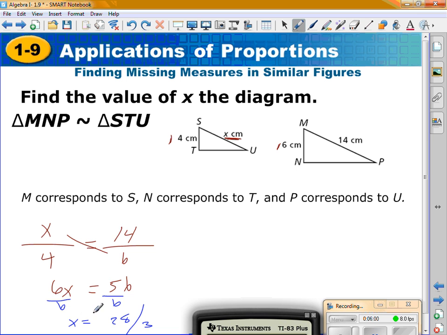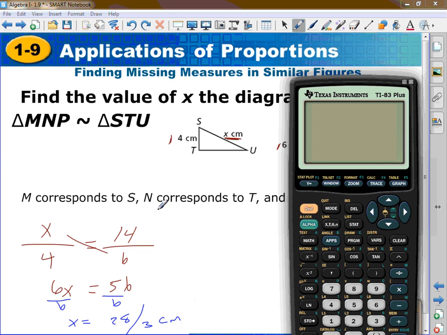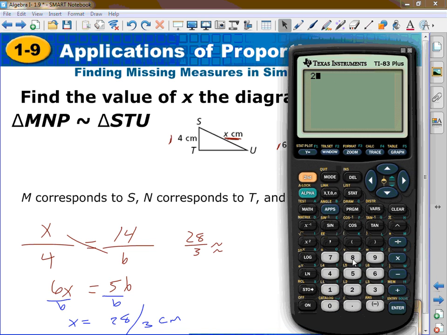So it's 28 thirds centimeters. Or if I want an approximation, 28 thirds is about, that's the symbol for about, 2 squiggly lines, 28 divided by 3, it is about 9.33.